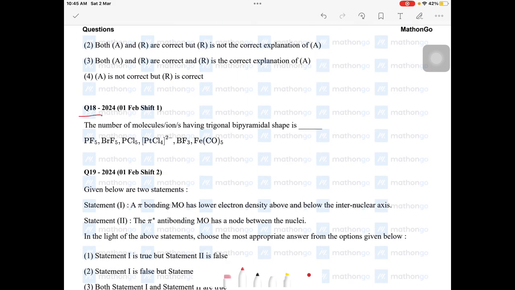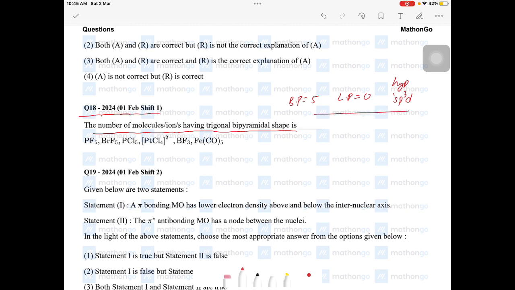Question number 18, 2024, first, fifth, shift 1. The number of molecules or ions having trigonal bipyramidal shape. For trigonal bipyramidal shape, bond pairs 5, lone pairs 0. Then hybridization is sp3d.